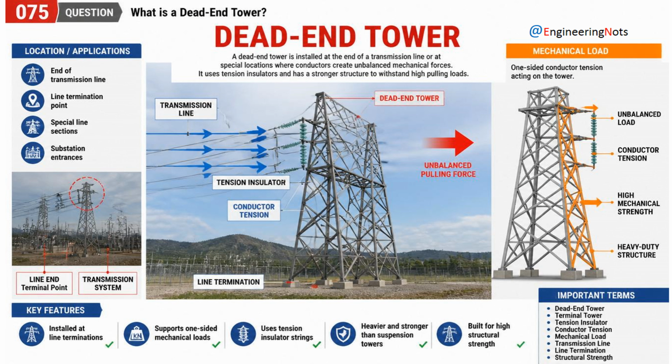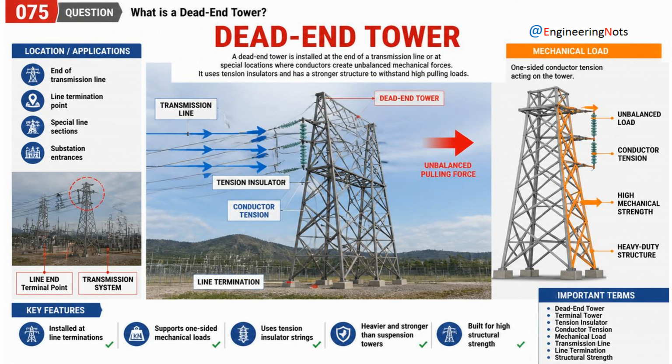Question 75. What is a dead-end tower? A dead-end tower, also known as a terminal tower, is installed at the end of a transmission line or at special locations where the conductors create significant unbalanced mechanical forces. Because the conductors pull from only one side, the tower must withstand high one-sided tension loads.